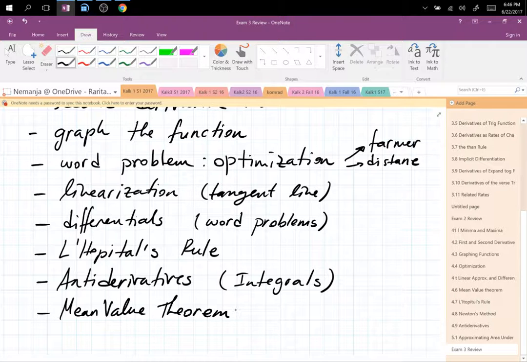Concavity for the second, do the same thing. Analysis means on interval so and so, function is concave up or function is concave down.